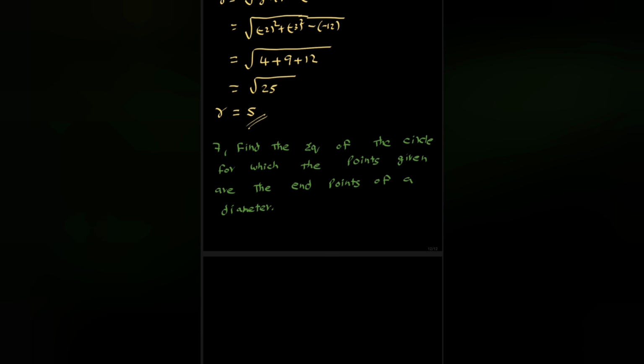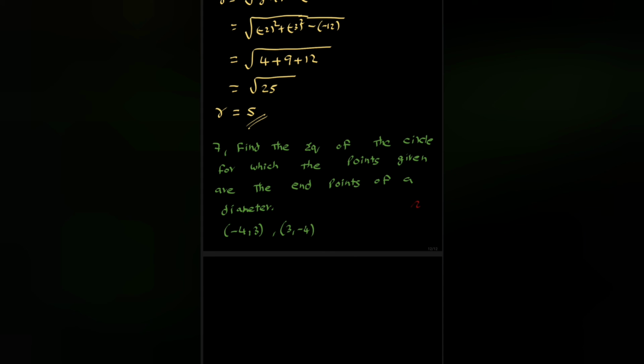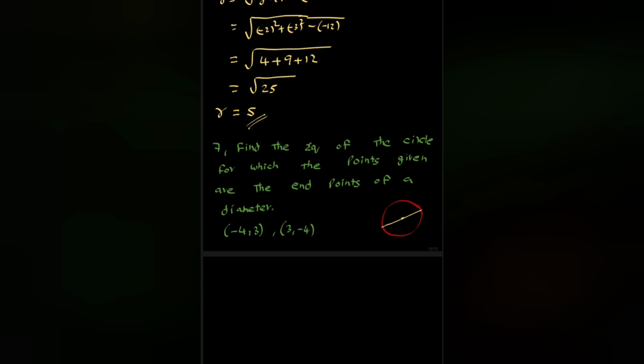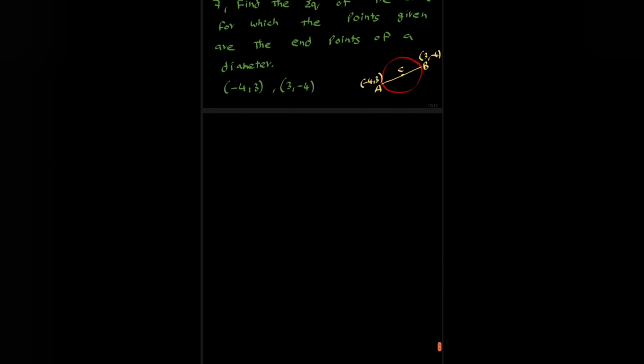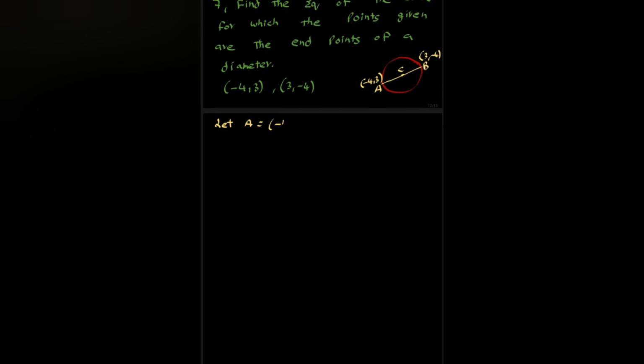So the points are minus 4, 3 and 3, 4. So this is a circle where the endpoints of a diameter, let it be A and B. One is minus 4, 3 and another one is 3, minus 4, and this is center C. So the solution is, let A is equal to minus 4, 3 and B equal to 3, minus 4.